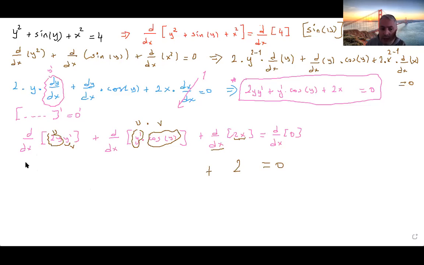Derivative of the first one, so d/dx of 2y, times the second one itself, plus the derivative of the second one, which is y prime, times the first one itself. Any question? u prime v plus v prime u.